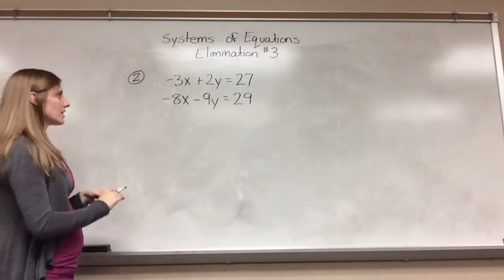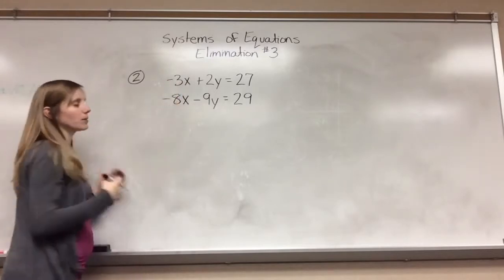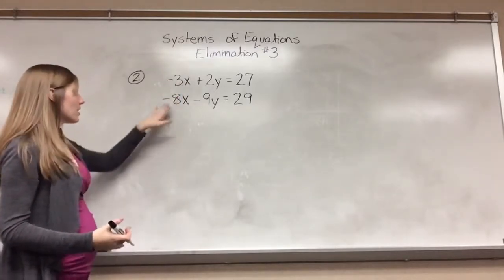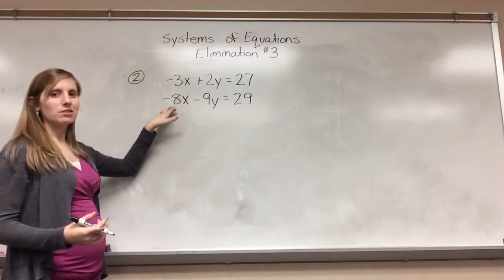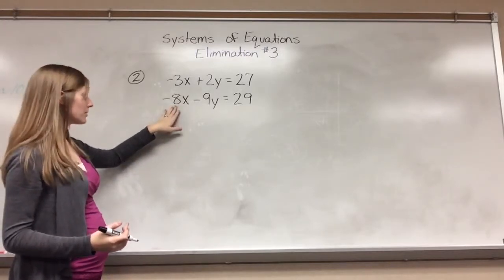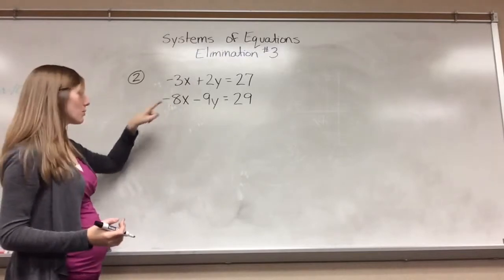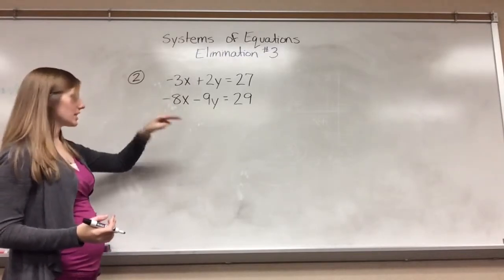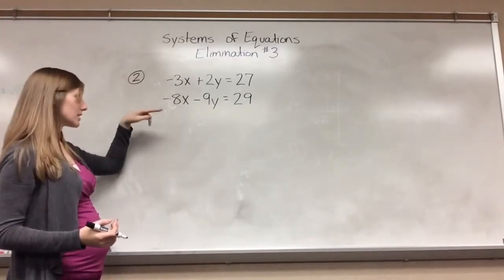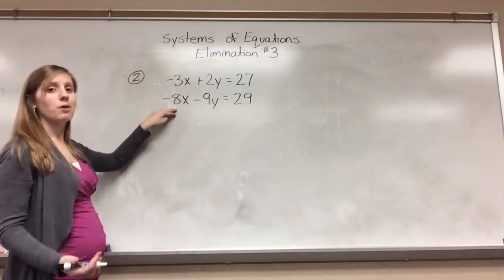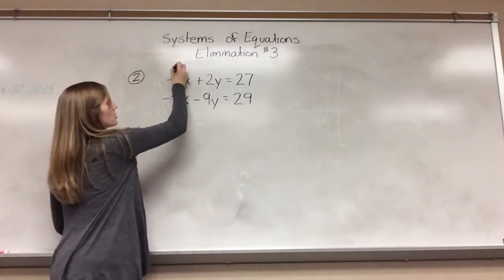So taking a look at this, 3 and 8, we need a common denominator. Remember, count up the multiples of the larger number, okay? So 3 cannot become 8, so we do 8 times 2 is 16. 3 cannot become 16. 8 times 3 is 24. 3 can become 24.